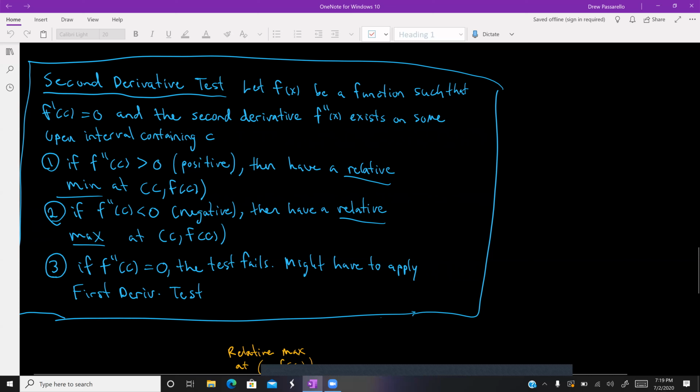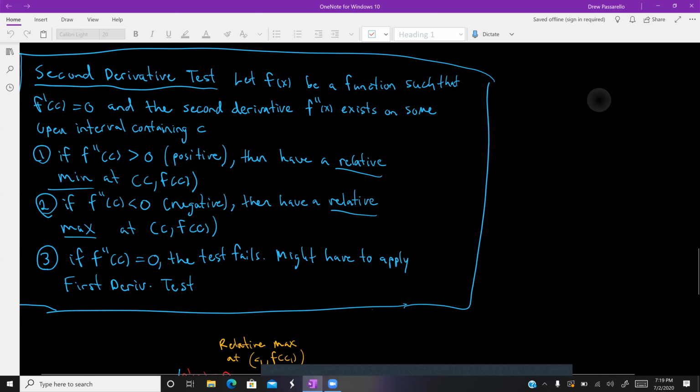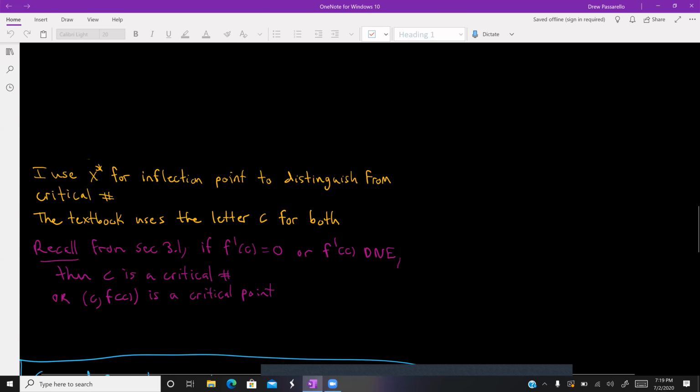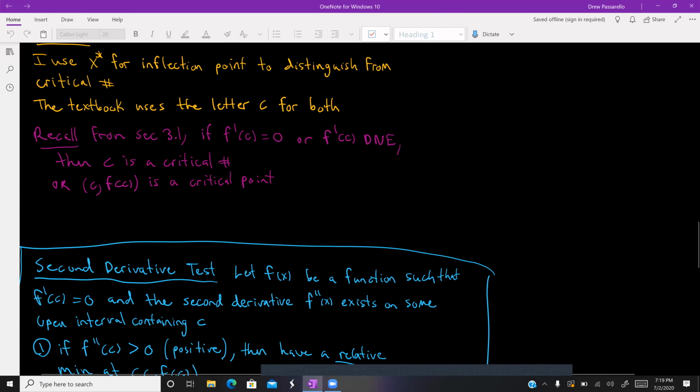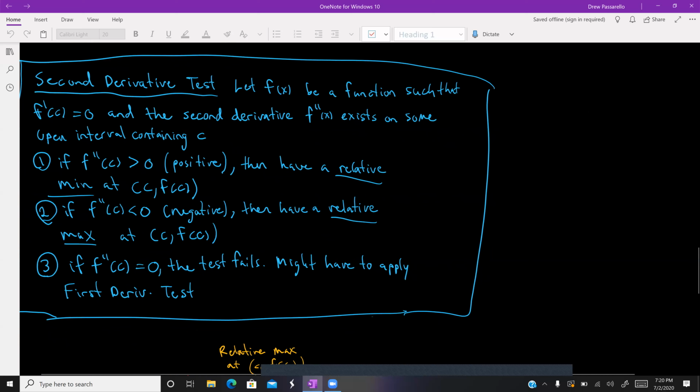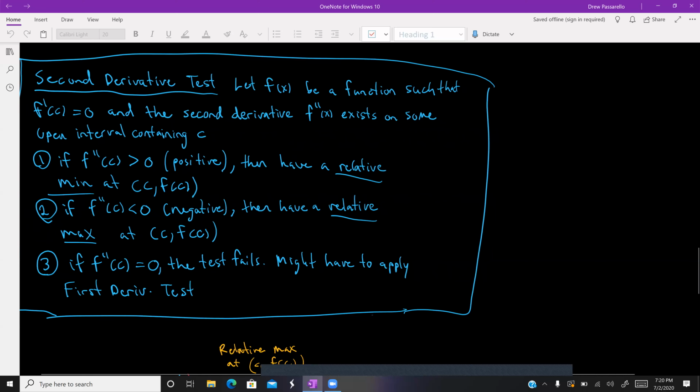So the condition is we need its first derivative at c to equal 0. So that's, in other words, a critical number, right? Because if its first derivative at c equals 0, that just means that c is a critical number. All right. Now we needed this added thing, that the second derivative exists on an interval containing this critical number.